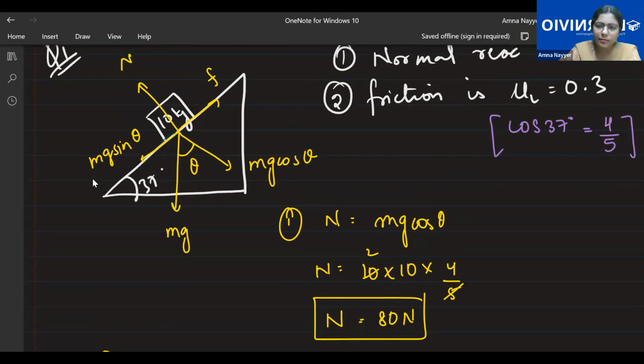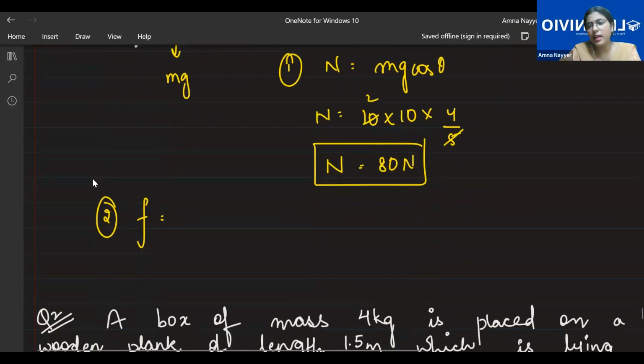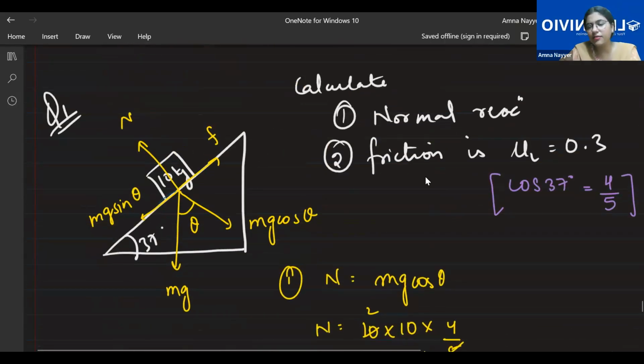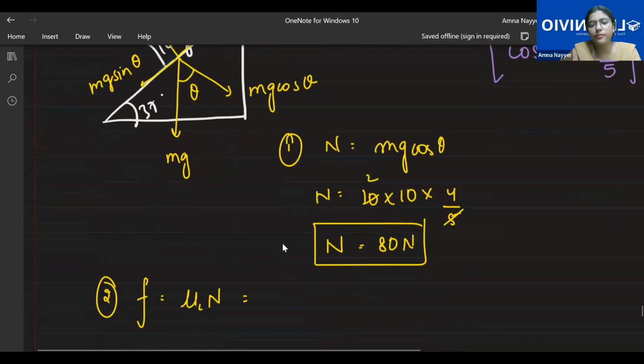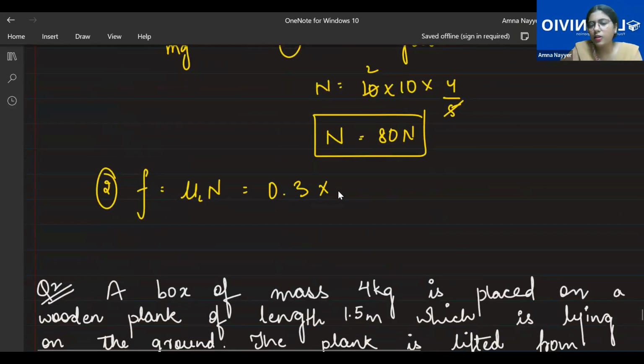You can calculate it by that method, or straight away, since it has given you the coefficient of limiting friction, the body is about to move, so you use the formula mu L into N. Straight away you write 0.3 into 80. No need to write down mg sine theta, because you have the direct formula; if normal reaction wasn't given, then you could have written it. So this will be the answer: 24 Newton.